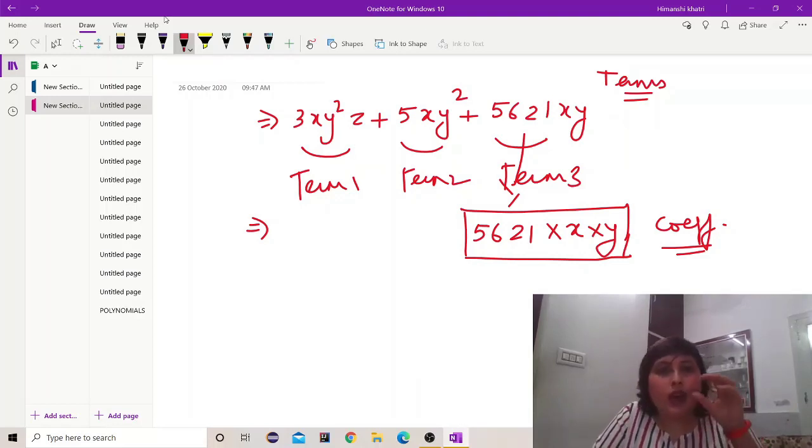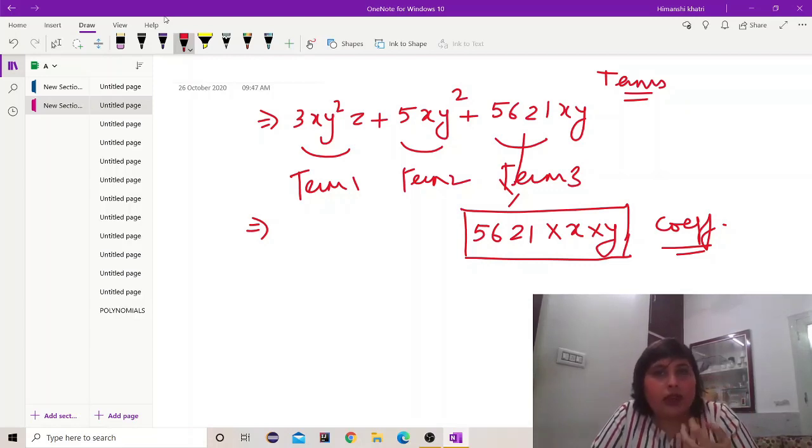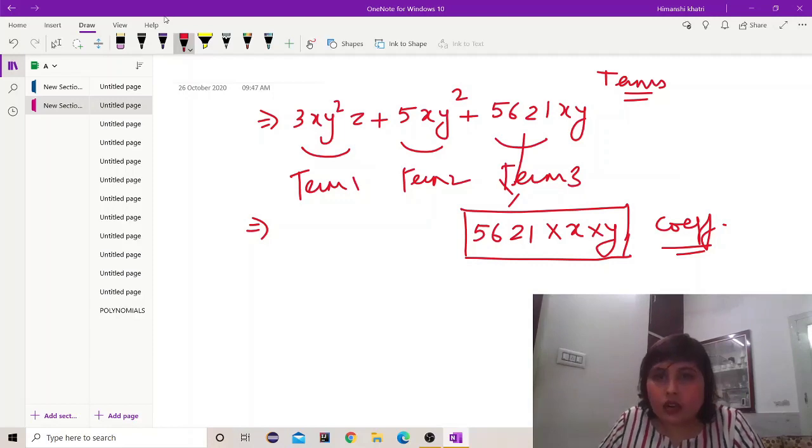So first identify which term consists of xy, then find the coefficient. xy is in the third term, because the other terms have xy square z and xy square.